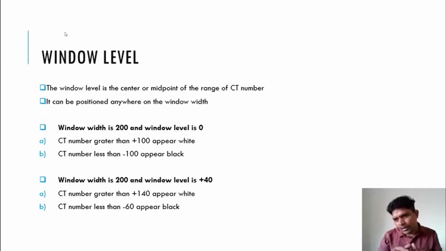The window level is 40 because CT numbers greater than plus 140 appear white, while CT numbers less than minus 60 appear black. When we calculate, the window level is 40, which is the center point of the window.